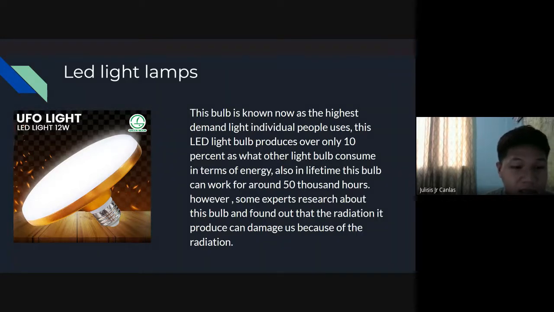As a user of this kind of lamp, it was very satisfying and good looking, and the light it produced was good, but regarding the radiation, I think it is true. And the cost of this lamp is budget friendly. It's not that kind of expensive lamp.